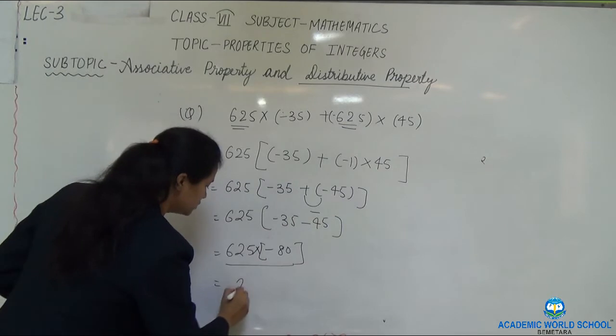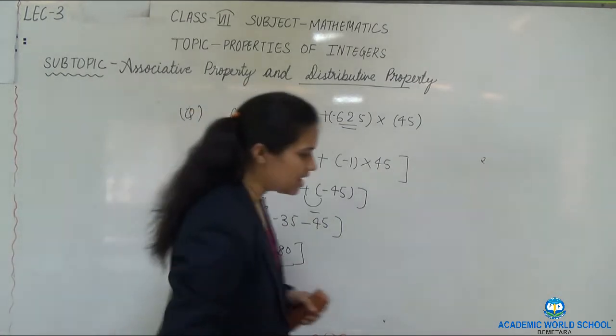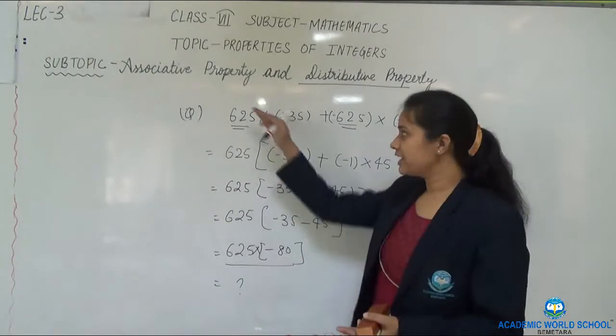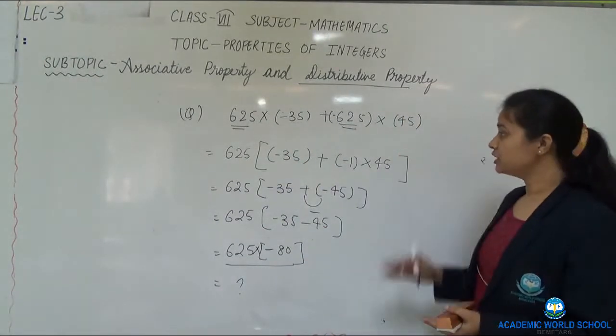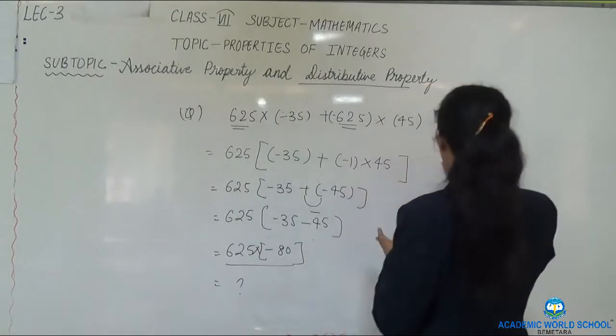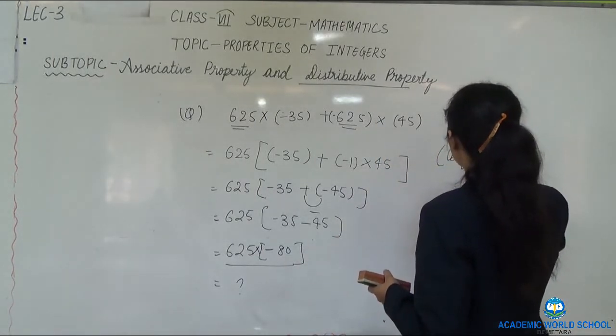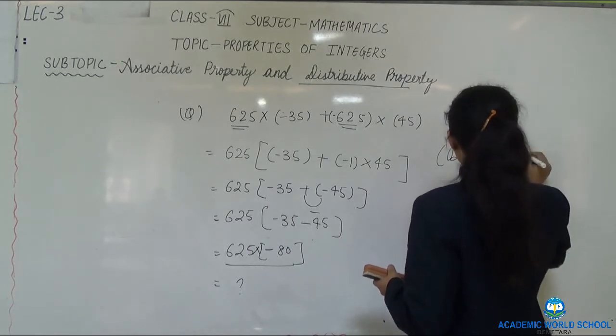Now this is your work to solve it further and find the answer. So while you solve NCERT questions, you will get this kind of questions where you need to use the property and write there clearly which property you have used. So I have used here distributive property.